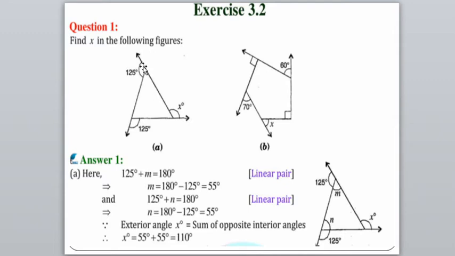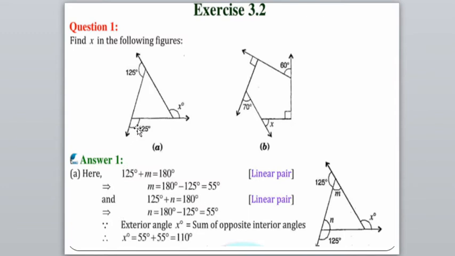We know this exterior angle and this interior angle are in a linear pair, and by linear pair, exterior angle plus interior angle equals 180 degrees. So here 125 degrees plus m equals 180 degrees by linear pair. Therefore m equals 180 degrees minus 125 degrees equals 55 degrees. So here we got the interior angle as 55 degrees.